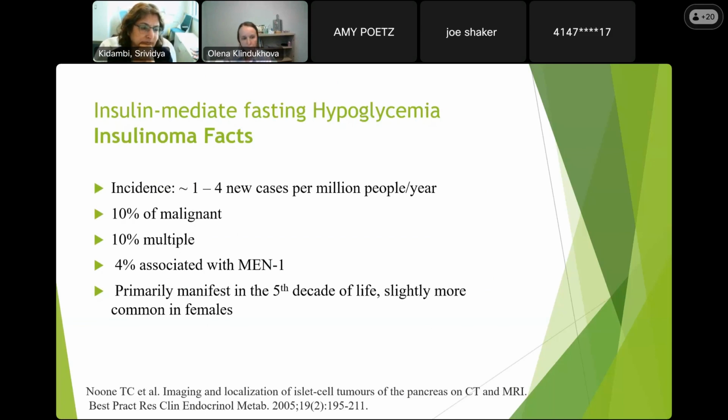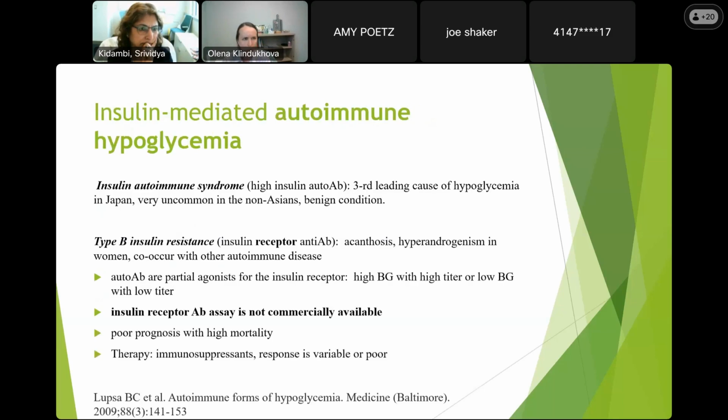I have just one slide dedicated specifically to insulinoma. It's very, very rare. 10% are malignant, it can be multiple, can be associated with MEN1, and manifests in the 5th decade, in females. Those are common things, okay?